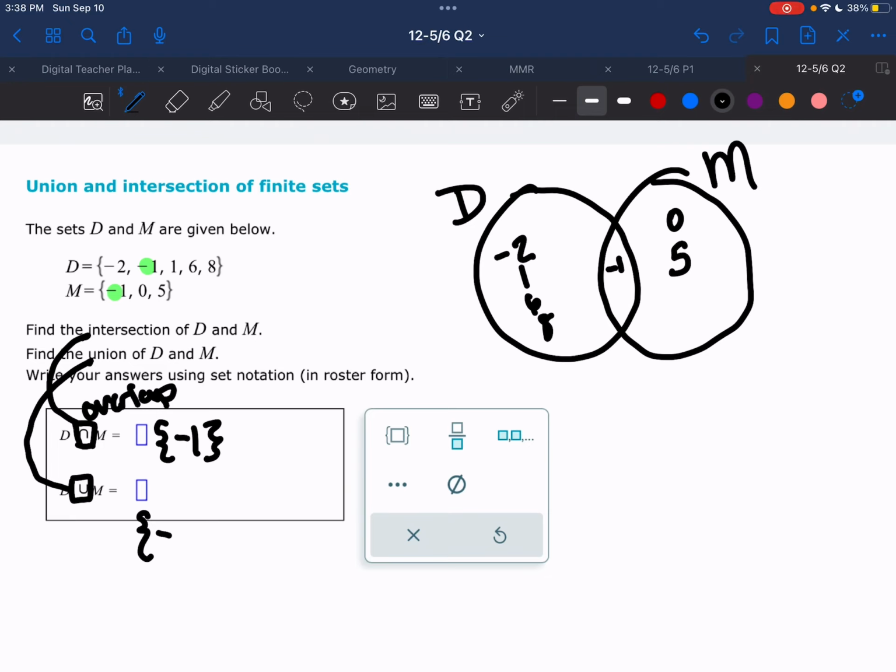It does say in roster form, which means numerical order, so I need to go in order from least to greatest. So -2, -1, 0, 1, 5, 6, and 8.